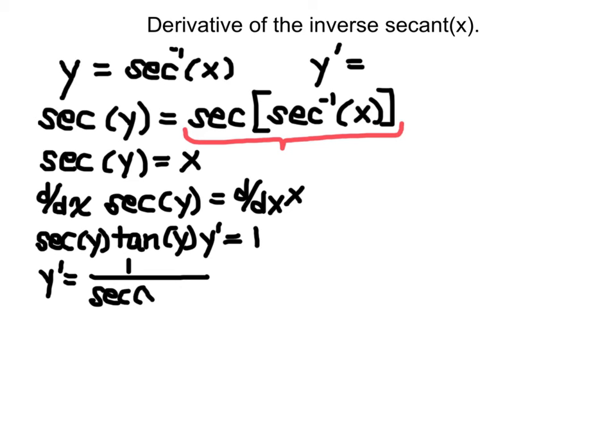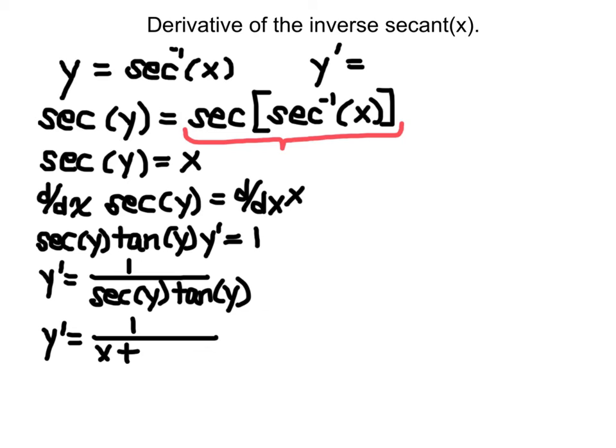So we have the secant of y and the tangent of y. And what we can see right away is that the secant of y is equal to x. So that means that y prime is equal to 1 over x times the tangent of y.